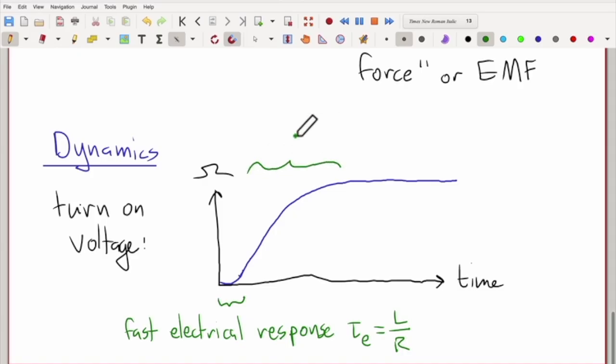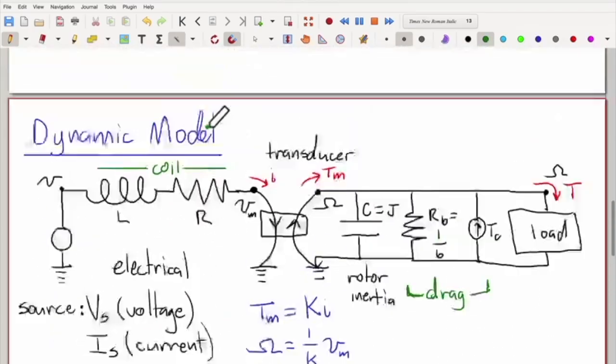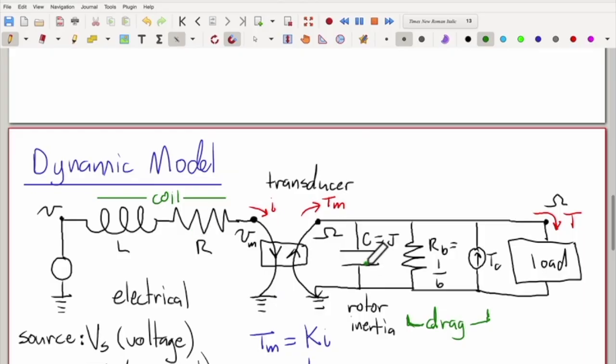This is a slow mechanical response, with a mechanical time constant equal to the so-called RC time constant, this resistance times the capacitance here.